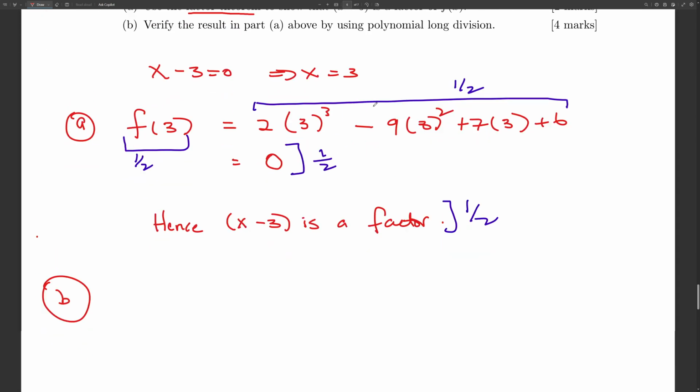So let's use x minus 3 here. I draw my long division sign and write 2x cubed minus 9x squared plus 7x plus 6.